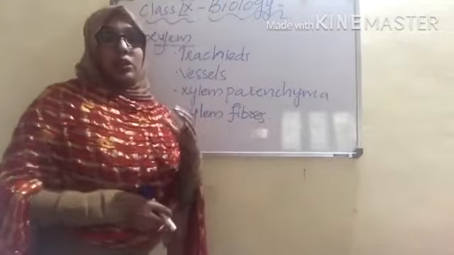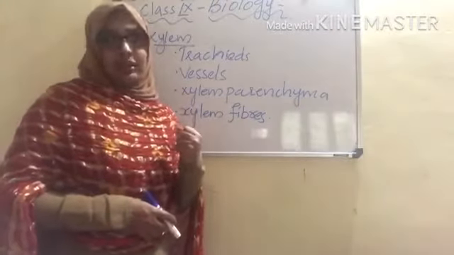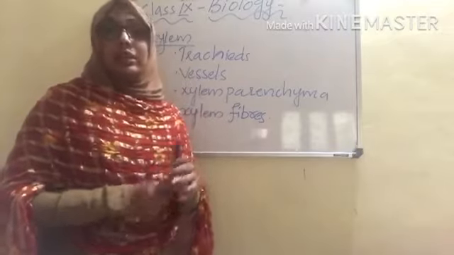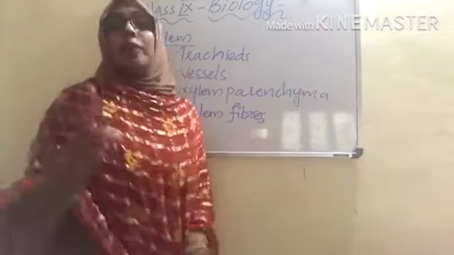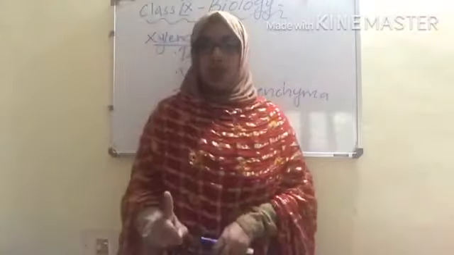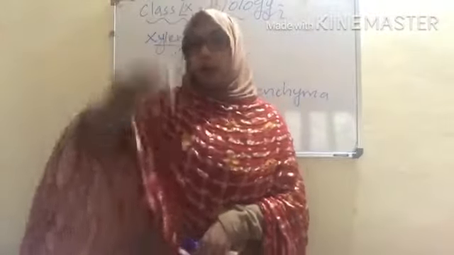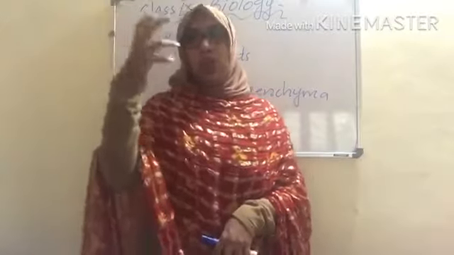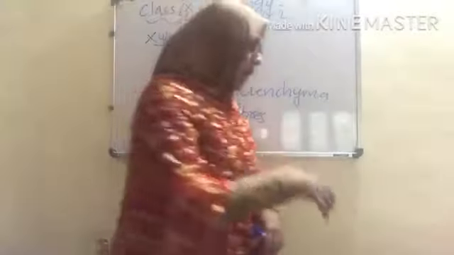That constitutes its strength. Also in xylem the water is conducted vertically, more or less in one direction, upward, no backward direction. Water is always absorbed by the roots, right? So from roots upward.